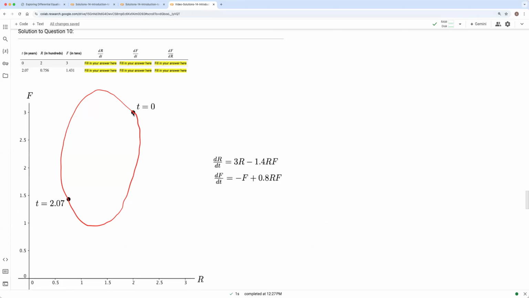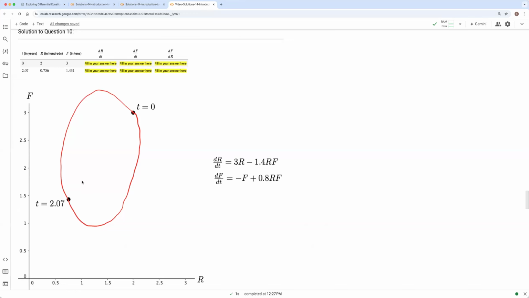So for example, am I going from this point at t equals 0 to t equals 2.00? Am I moving counterclockwise around this circle, or am I moving clockwise around the circle? There are 2 possible ways that I could be moving from one point to the other point. One way that I can indicate how time moves in this phase plane would be to indicate an arrow that shows how I'm moving from one point on this solution curve to another point on this solution curve.